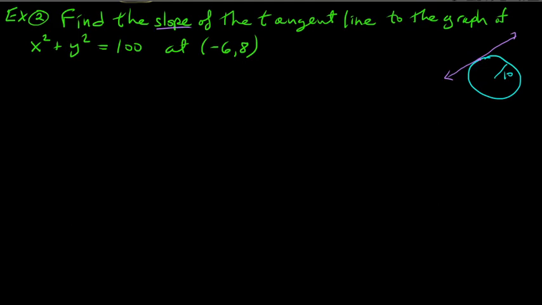Right? And the way we did it was we used a trick. We used the fact that if we're passing through the center here, the radial line is perpendicular to the tangent line. And we can find the slope of the radial line because we have the center and this point. We have 2 points, so that's enough to find the slope of this line.